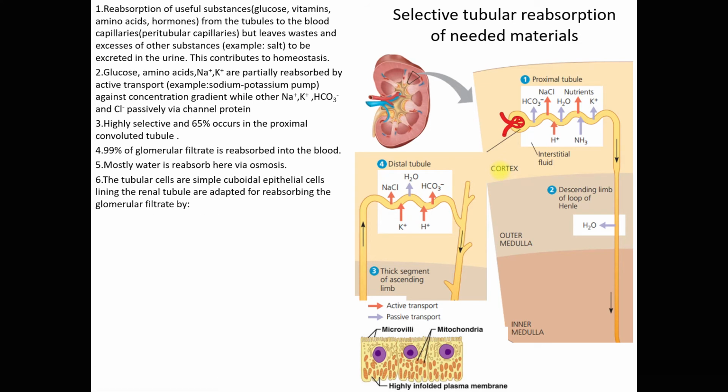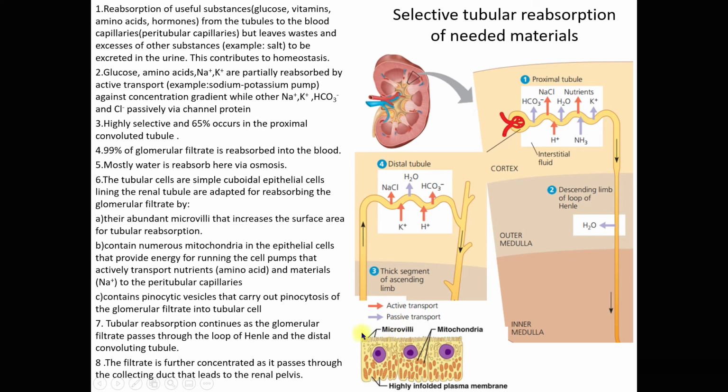Now, like what I mentioned beforehand, the tubular cells are simple cuboidal epithelial cells lining the renal tubule. These tubular cells are adapted for reabsorbing the glomerular filtrate by their abundant microvilli that increase the surface area for tubular reabsorption. These tubular cells contain numerous mitochondria.